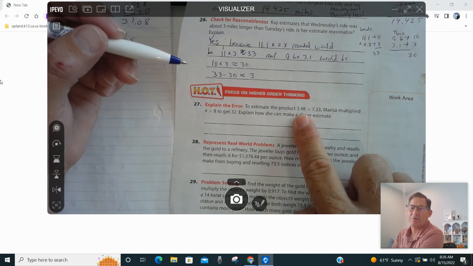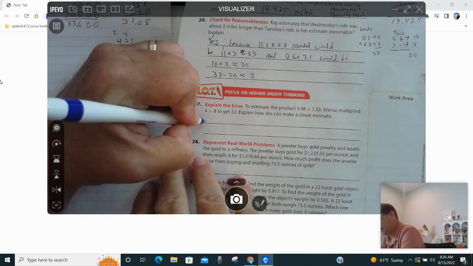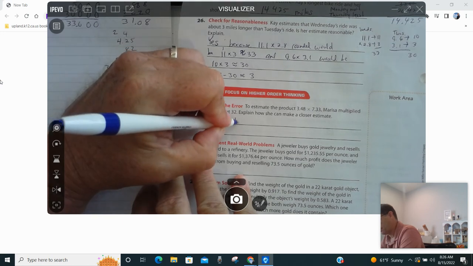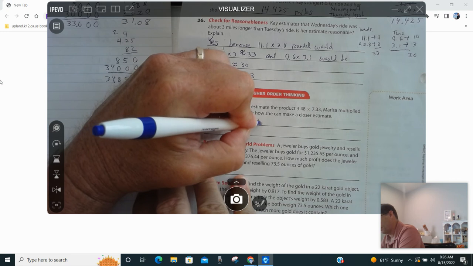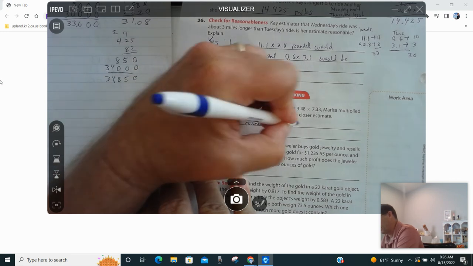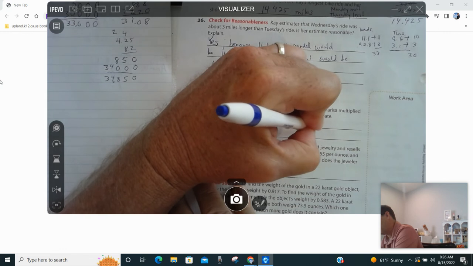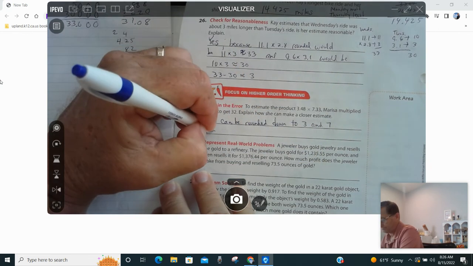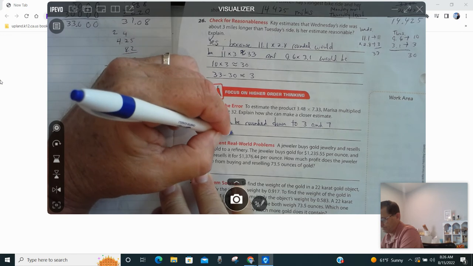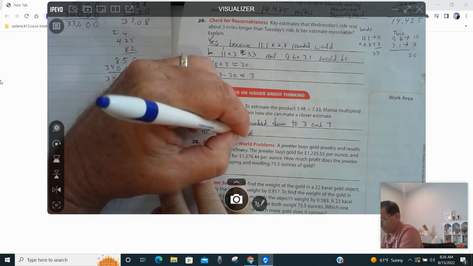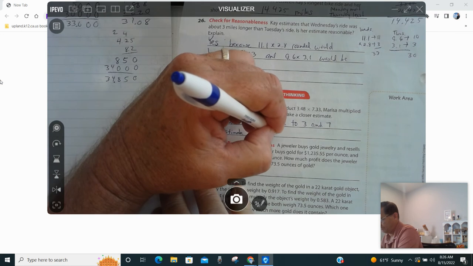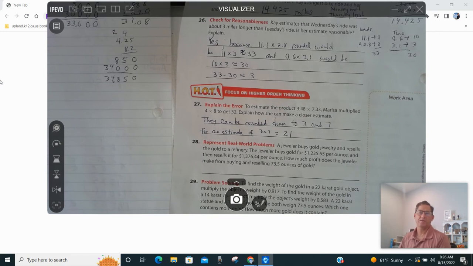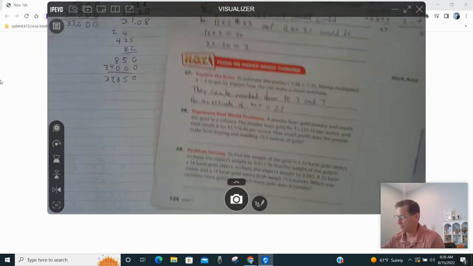But actually, they would get rounded down. So a closer estimate would be 21, not 32.